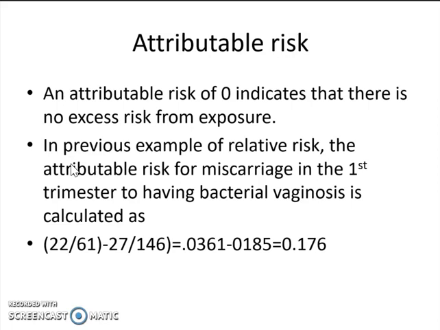So in our example, about the miscarriage in the first trimester with bacterial vaginosis, we have 22 over 61 minus 27 over 146, that is equal to 0.361 minus 0.185, and that equals 0.176.